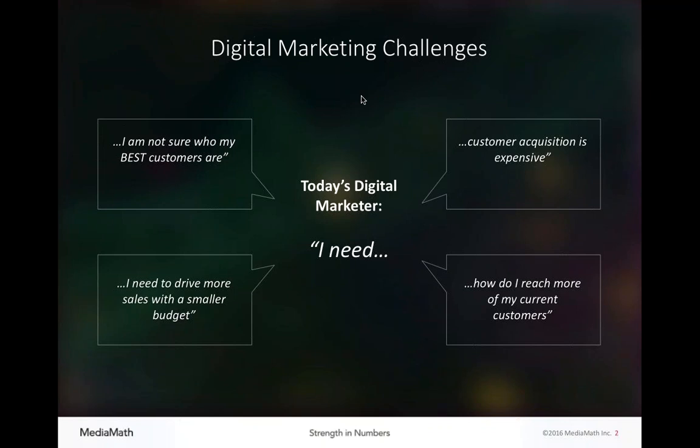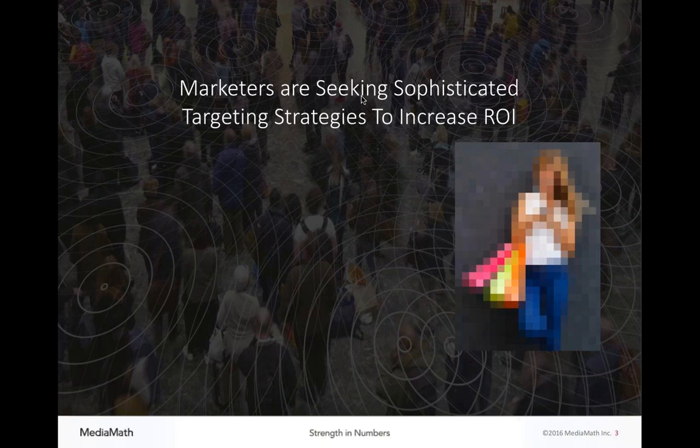And lastly, I'm sure this is probably what a lot of you deal with, is you're getting a lot of pressure to drive more top-line sales, but unfortunately budgets aren't growing at that same rate. And so it's putting immense amount of pressure on the advertisers to get much more cost-effective with their advertising. And so where we're seeing a lot of good benefits is by really doing this through a data-centric approach.